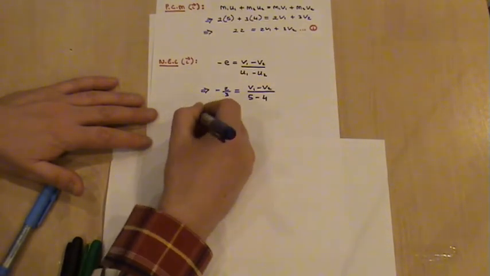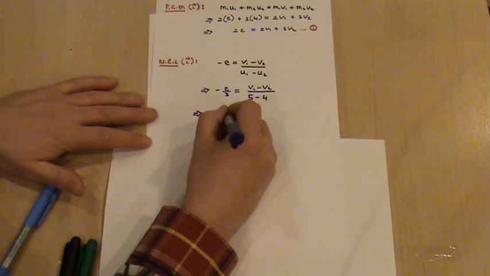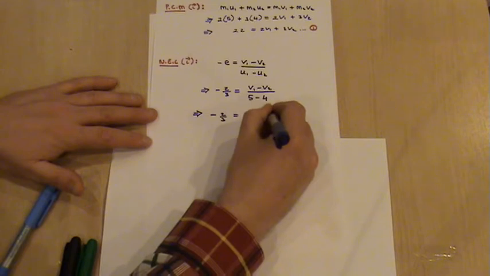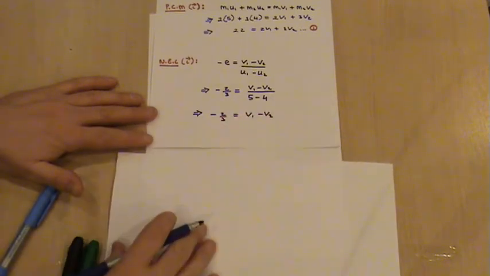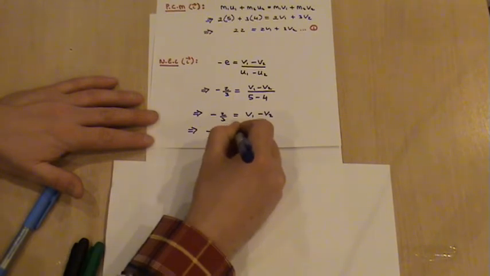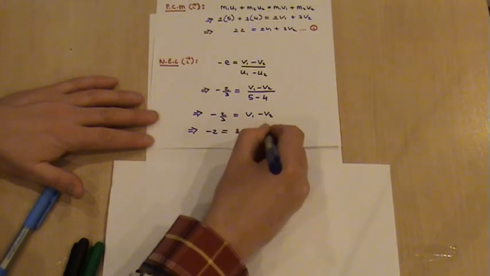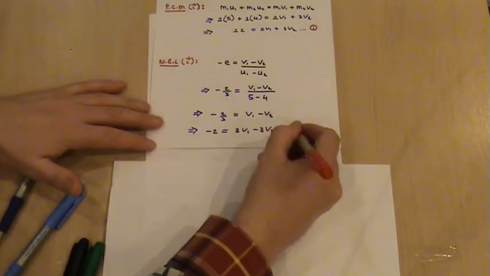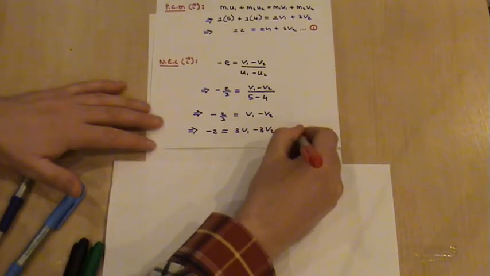So minus 2 over 3 is just going to equal v1 minus v2. And if we multiply across by the 3, we get minus 2 equals 3v1 minus 3v2. I can label this as equation number 2.